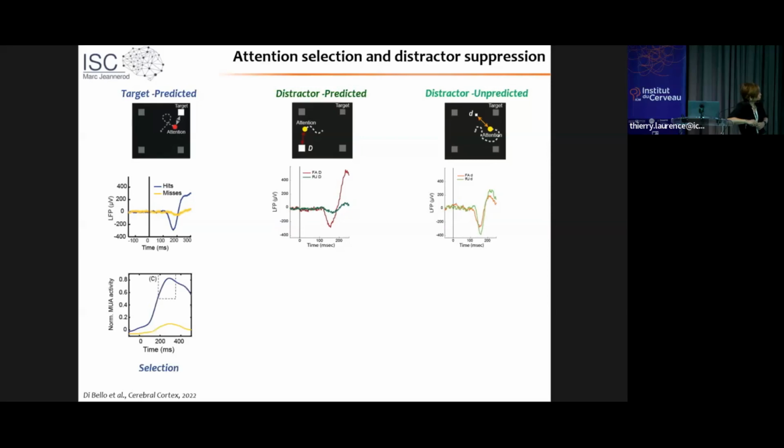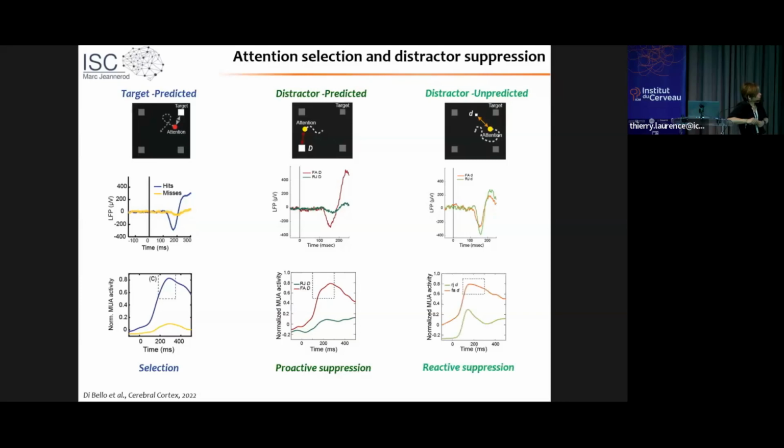At the neuronal level, this type of response maps on this type of plot, which I have already discussed. For the distractor, we observe a mirror response, that is to say, a neuronal response when the monkey is producing a false alarm to the distractor, so responding to the distractor, and no response when the monkey is correctly and proactively suppressing the distractor.